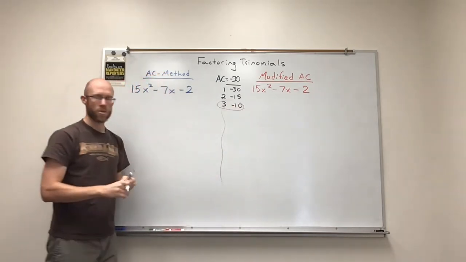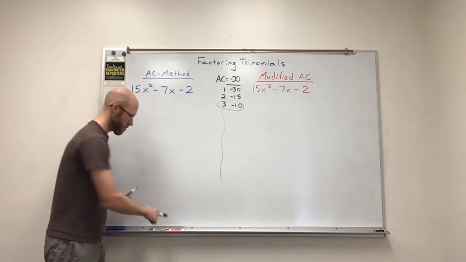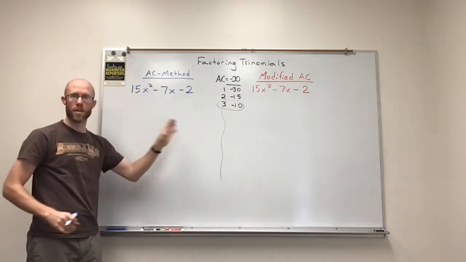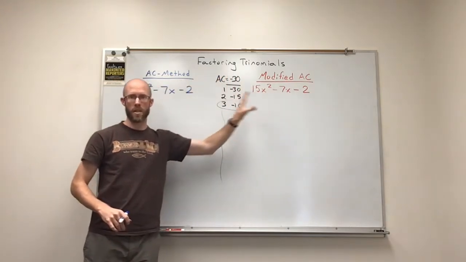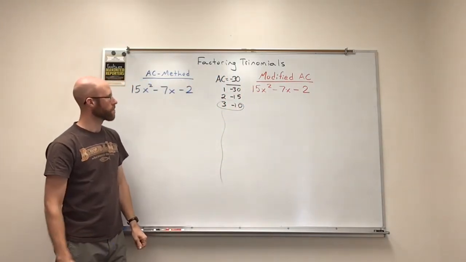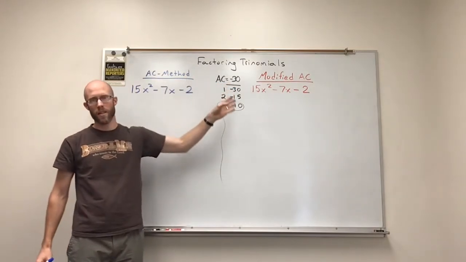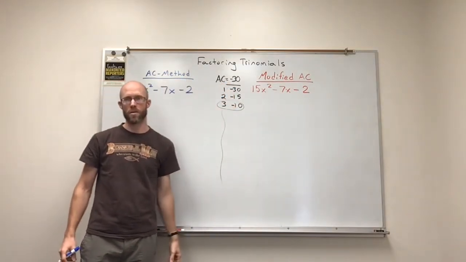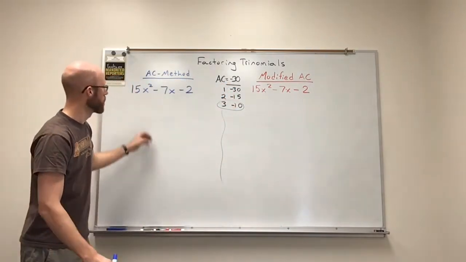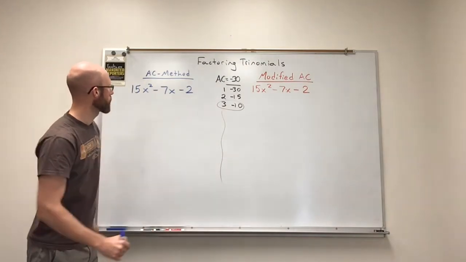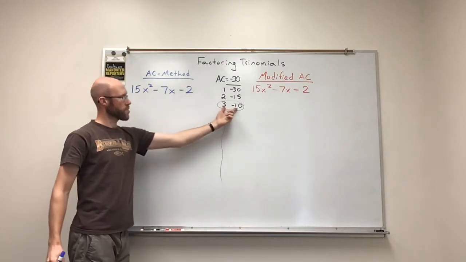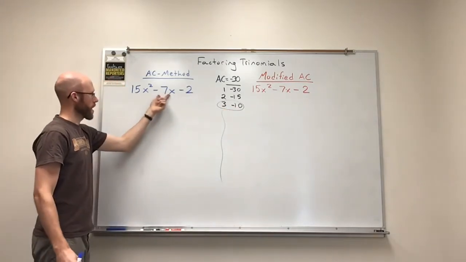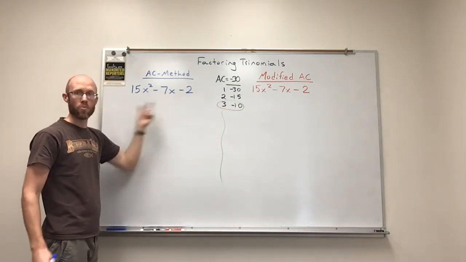Okay? So that first initial process right there is going to be true for both the AC method and the modified AC. That's why they both have AC in their name, because you have to go through this process anyway, right? So I found that. Now the AC method itself, the full AC method, takes these two terms and replaces the middle term with them.